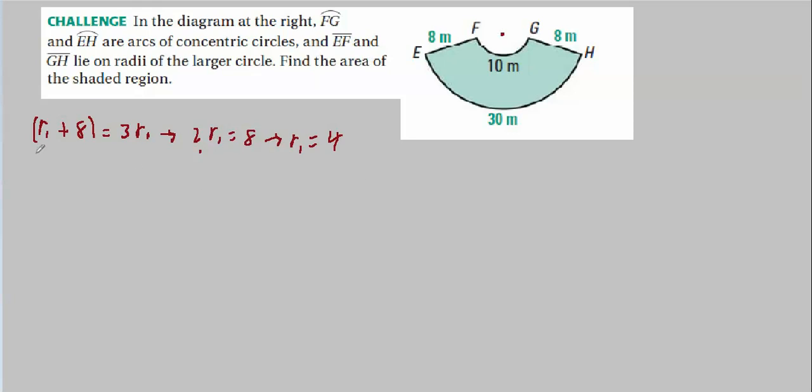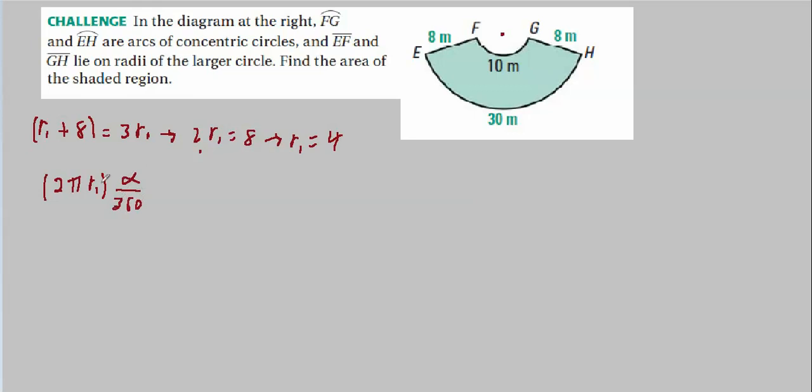For instance, 2 pi R1, that's all the way around this big circle, times the appropriate fraction of that circle, will give us the 10 meters. Well, that means alpha over 360.